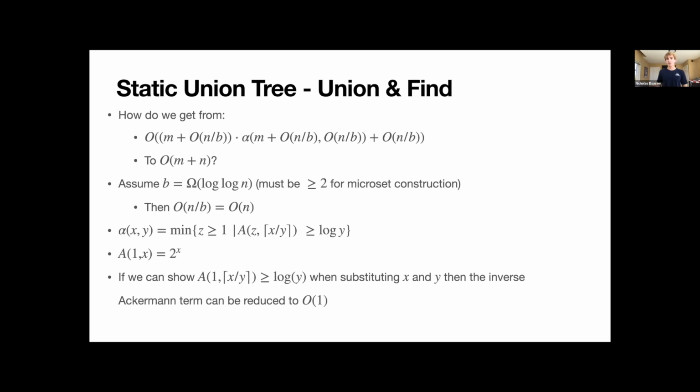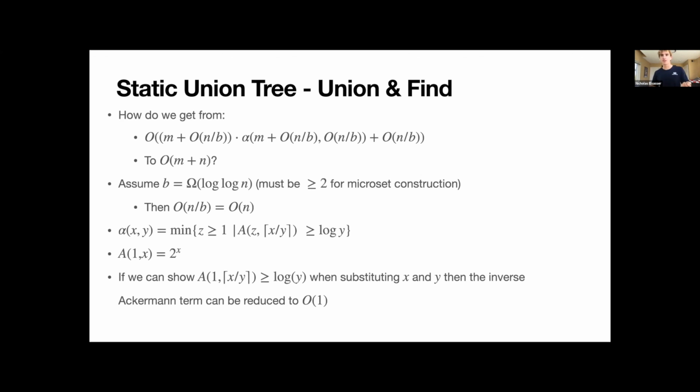And then the second thing we're going to do is eliminate the inverse Ackermann part of this by showing it is a constant runtime by setting a lower bound of big omega log n on B. And to facilitate this proof, we pull from the earlier work, which actually proved this inverse Ackermann runtime.